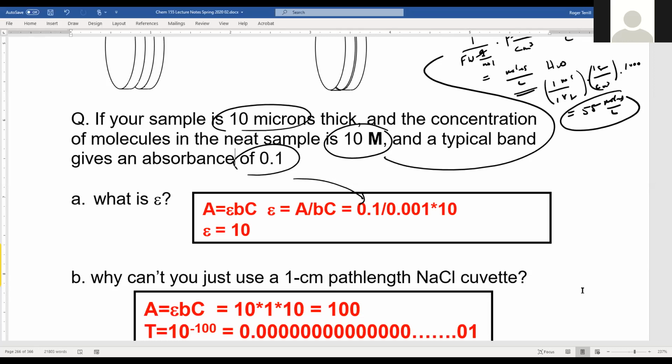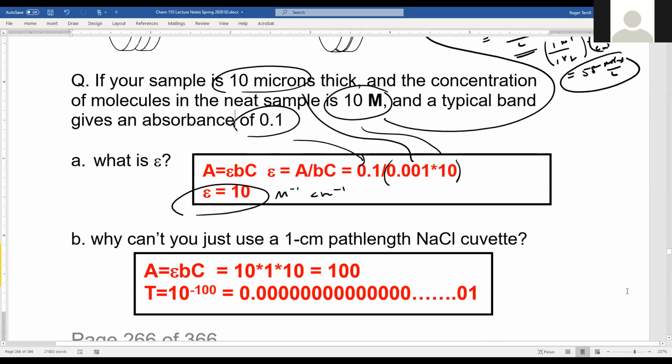The molarity is in the denominator here. Actually, I should probably have some parentheses around it there. There's the 10 molar, and there's the 10 microns. And that comes out to an epsilon value of about 10 per molar per centimeter.